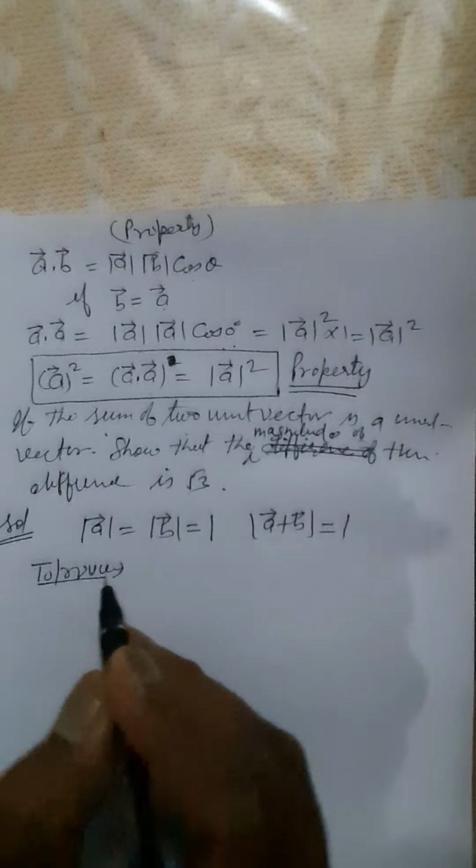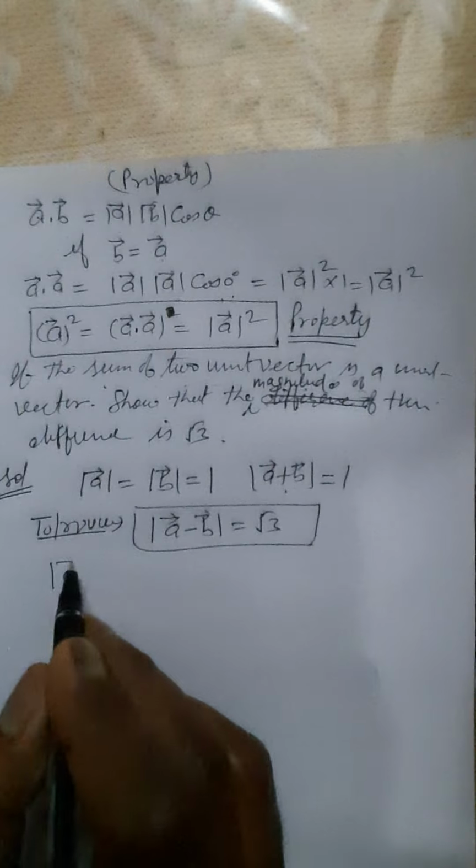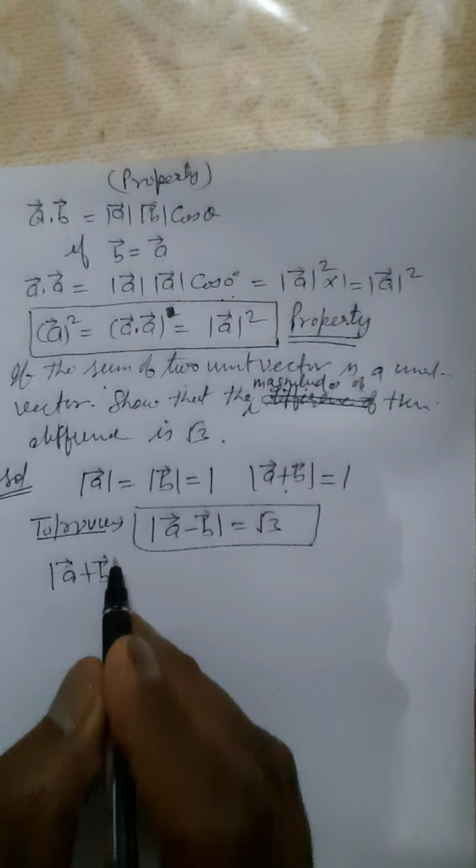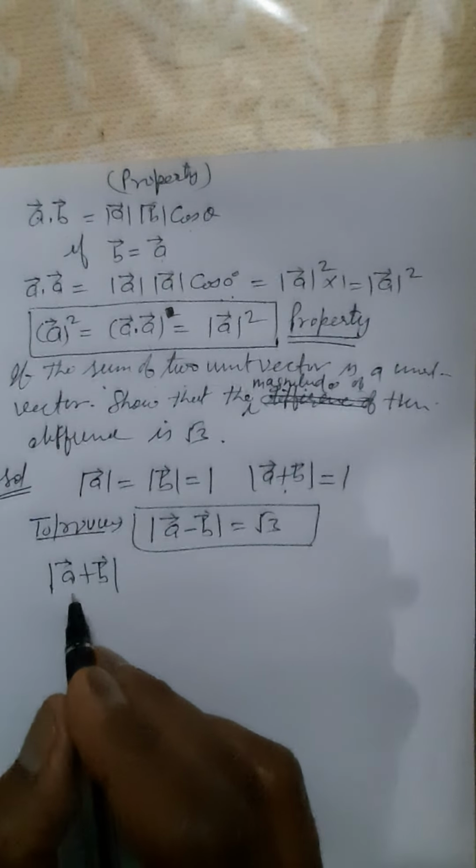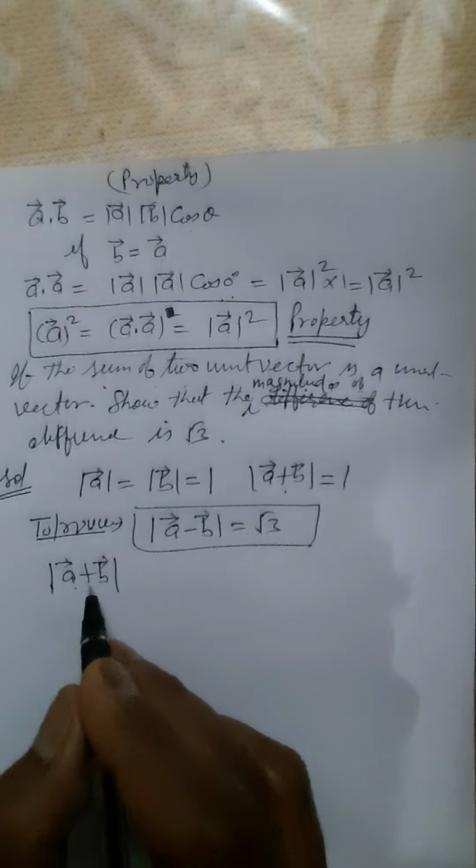So now first take the given term, modulus of the magnitude of vector A plus vector B, whole square of it can be written with the help of this property, (A plus B) dot (A plus B).